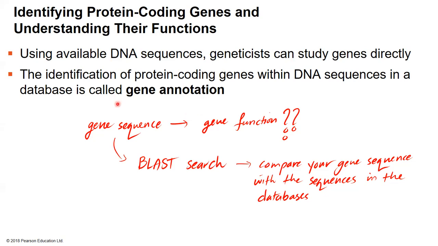But even if the BLAST search gives you an idea about the gene name or function, sometimes you still have to do some experiments in the lab to make sure that the function suggested by the BLAST search is actually valid, or to confirm the gene function or the gene identity.